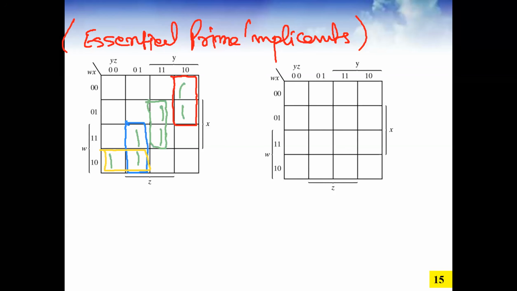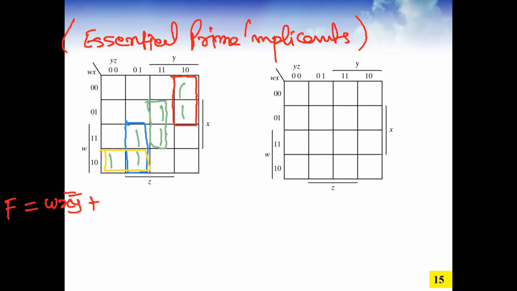Function f will be starting from the yellow. When I look for the yellow, it is basically what is common row wise. You will see W X complement, and from the top Y complement, plus W complement Y complement. Now look for the blue color.